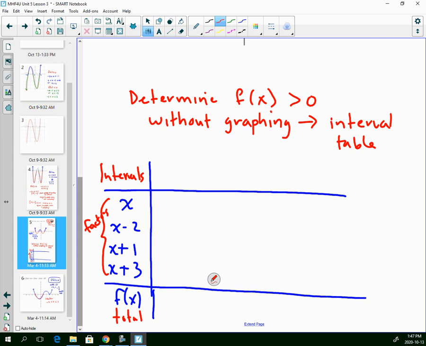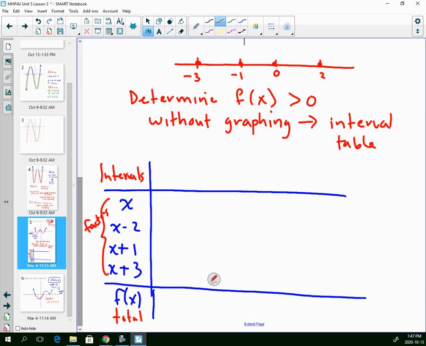Well, we know where it's sitting on the x-axis. Going from left to right, it has an x-intercept at -3, one at -1, one at 0, and one at 2. So if I didn't know what it looked like, I do know where it sits on the x-axis.